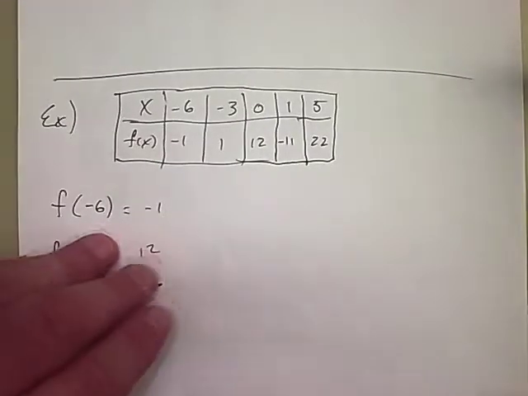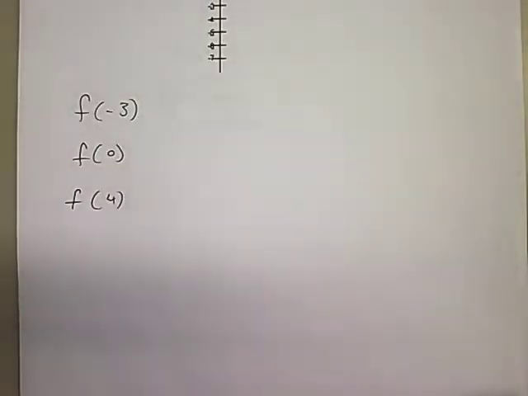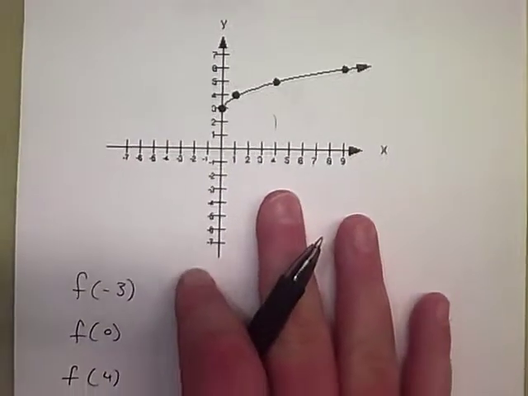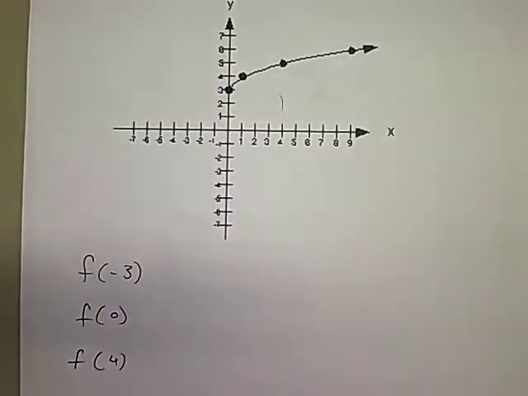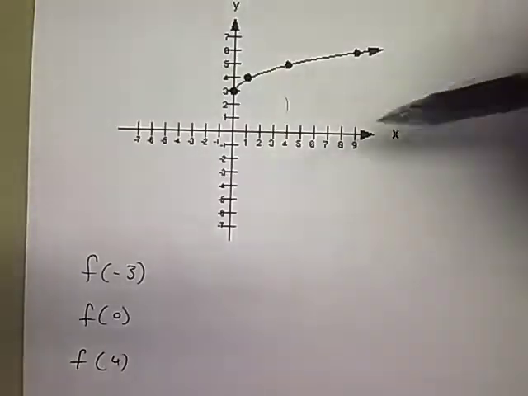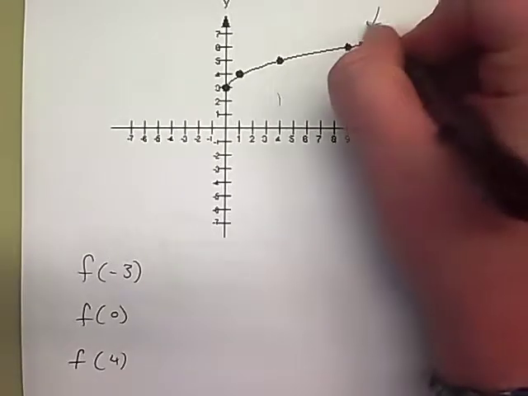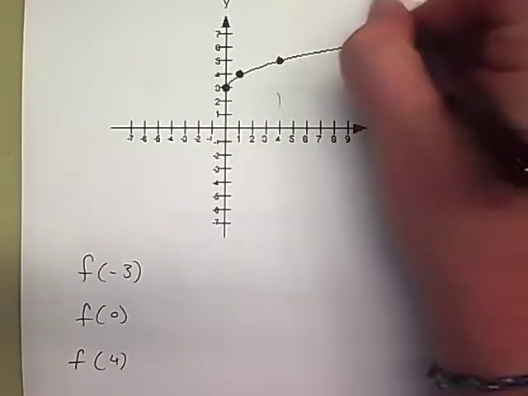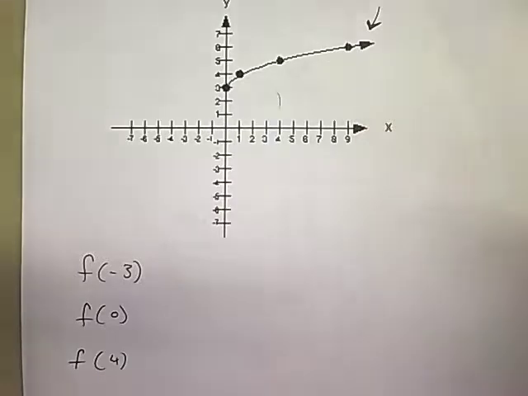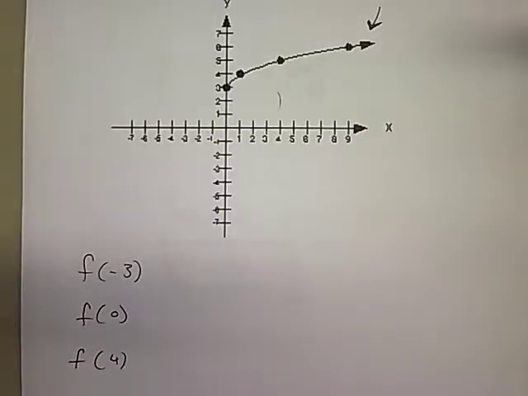And the last thing I want to do is I want to take a look at a graph. What happens if I have a graph? All right, so here, this is the graph. The graph that was given here, this is the graph of f of x. They graphed it for me. And now I want to determine if I plugged a -3 in for x, what's the y value that comes back out?